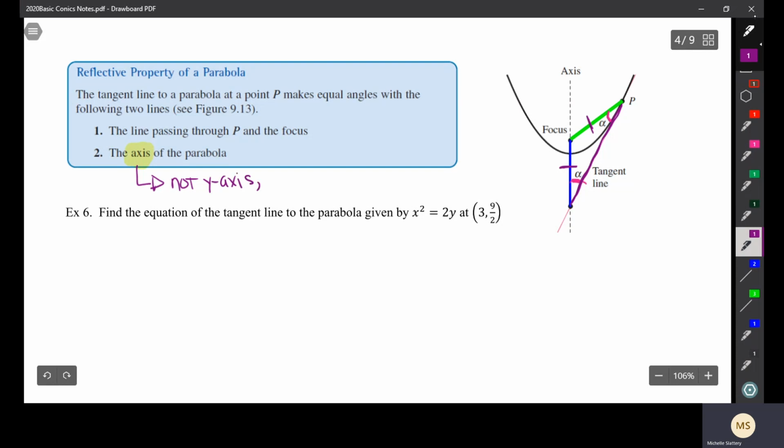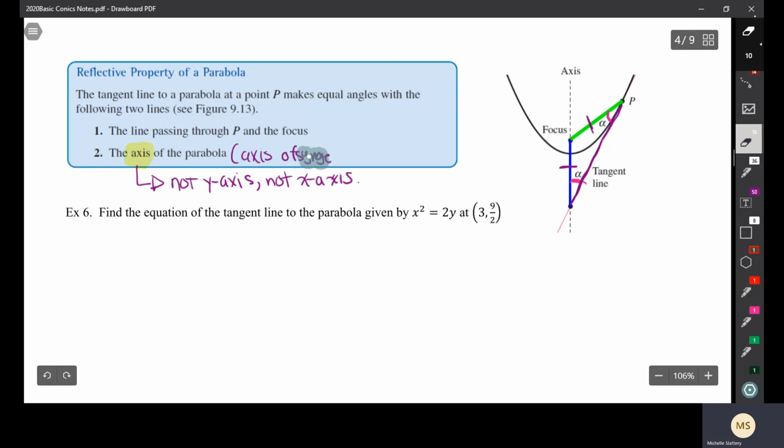Also, if the parabola is horizontal, it's not the x-axis. Well, not necessarily. It could be if that's the axis of symmetry. So the axis of the parabola is the axis of symmetry. I can't even spell that right now. S-Y-M-M-E-T-R-Y. And my pen didn't even make an M. Okay, cool. So that's the axis of symmetry.